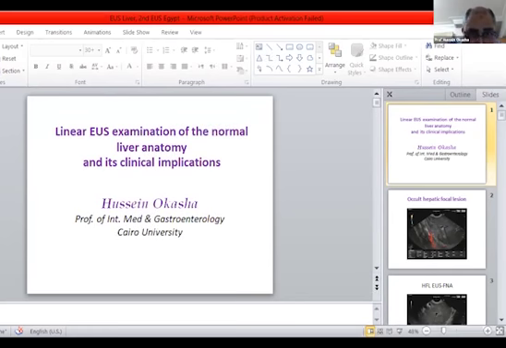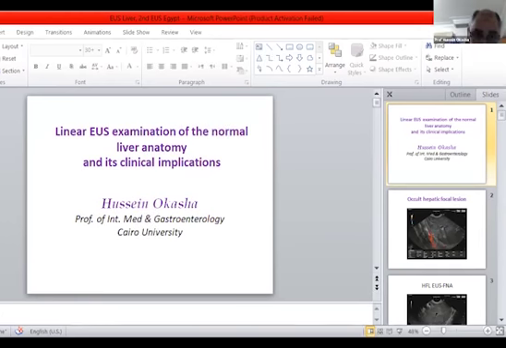But radiofrequency ablation of the liver is used with the Tai Wong needle. Alcohol injection, I have no experience, but if you apply it from the percutaneous route, you can apply it by the EUS route.